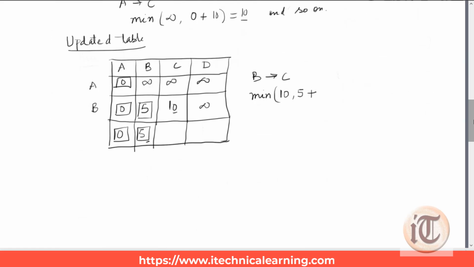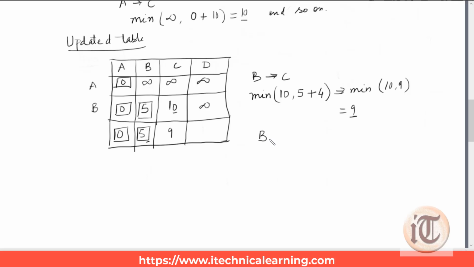So we find the min of 10, comma, 5 plus 4, which is 9. As the new value is smaller, we'll replace the value 10 with 9, because 9 is smaller than 10.